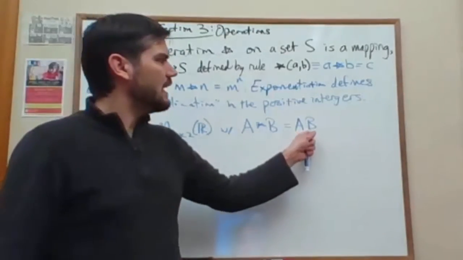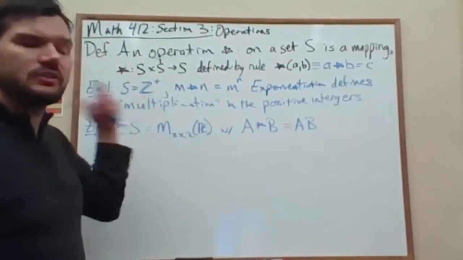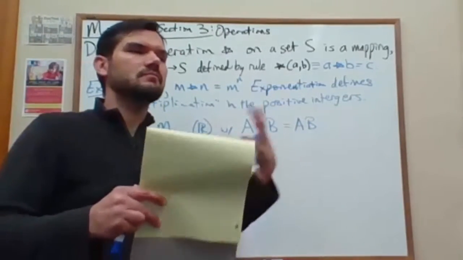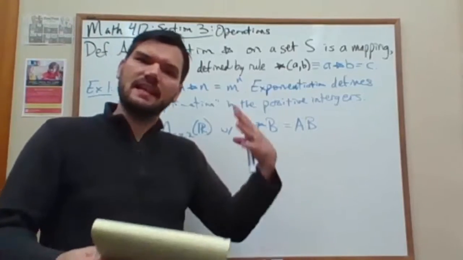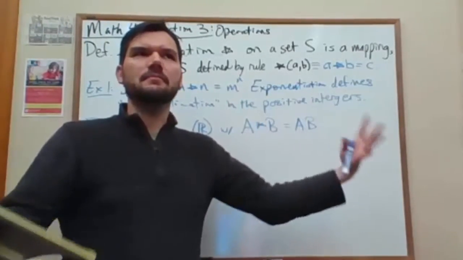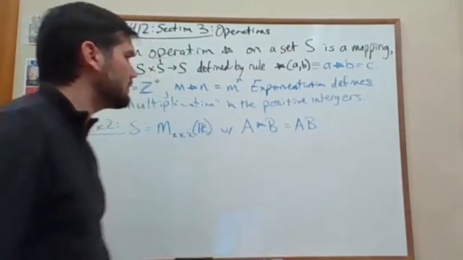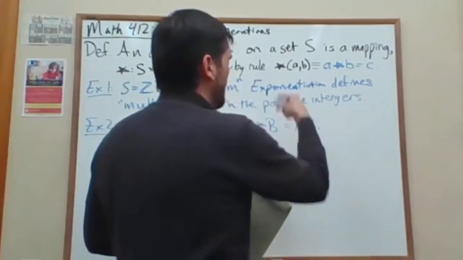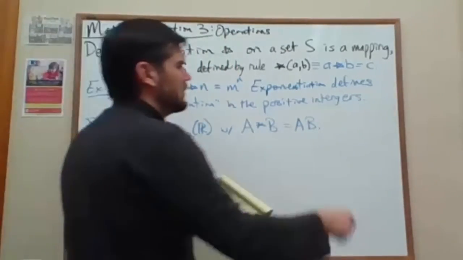So matrix multiplication is an operation as defined because it stays within the structure; the input and output pieces are within the same set. And how do we express this?